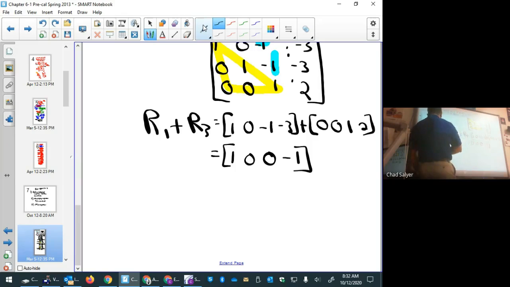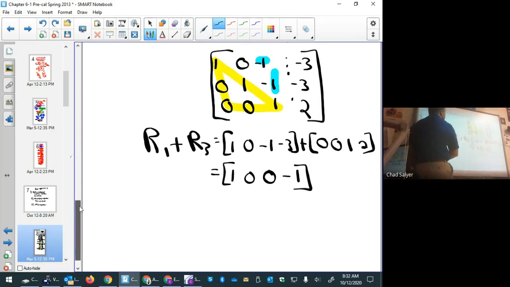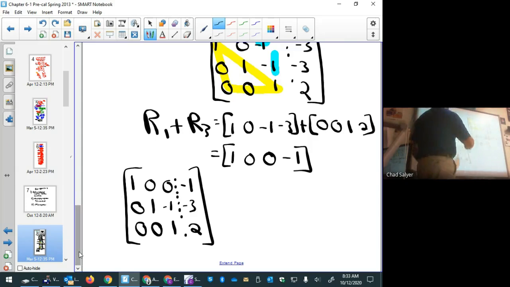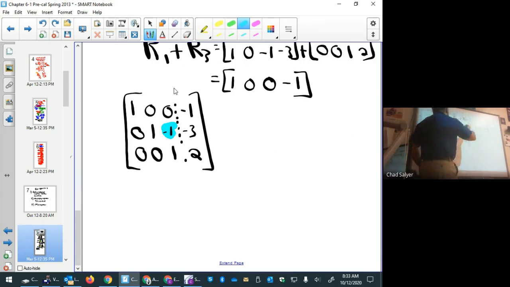We'll replace our previous first row with this. We're almost there, guys. One more value. So the only offender left is here, this -1. So we're going to take row 2. We're going to add something to it.